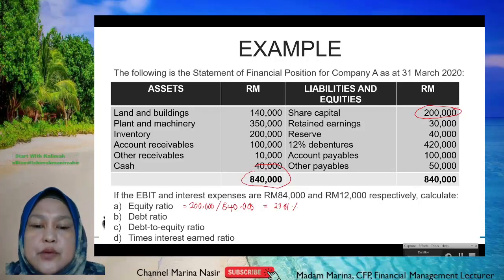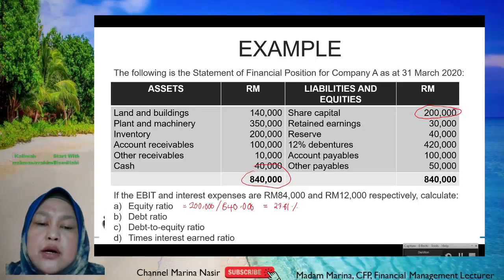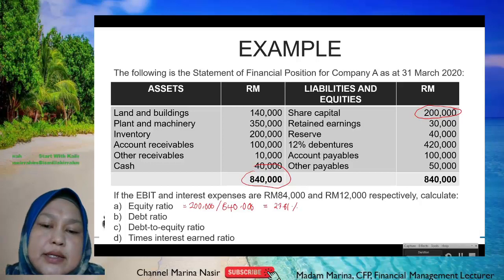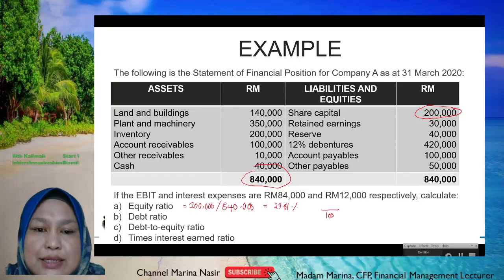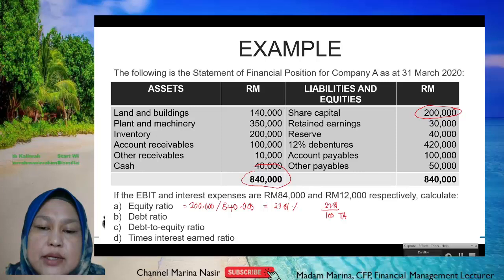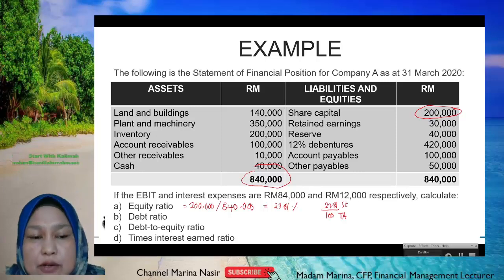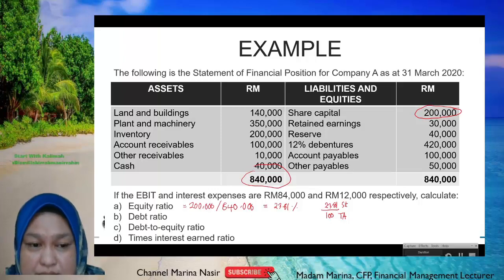This is for equity ratio. What is meant by this ratio? For every RM100 of total asset, they have RM23.81 of shareholder equity.